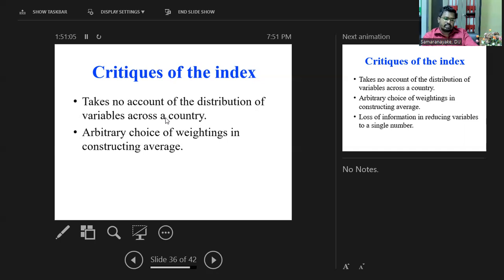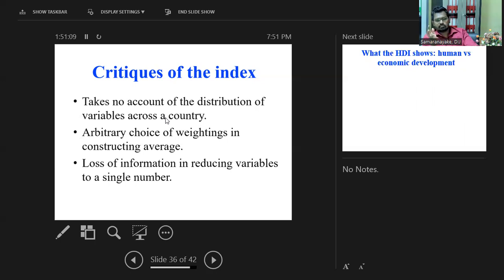Is it fair to use the same standard, the same weight, for different countries, different setups and timelines? And the other issue is that we are finally developing one index, one number. We are reducing a lot of variables into a single number, which is practically a reduction of a lot of information.